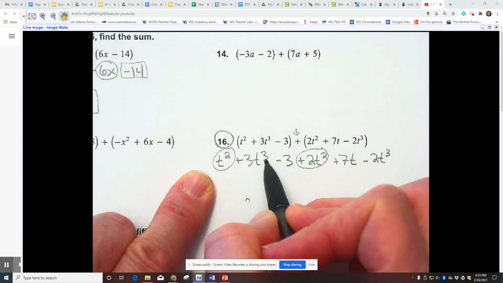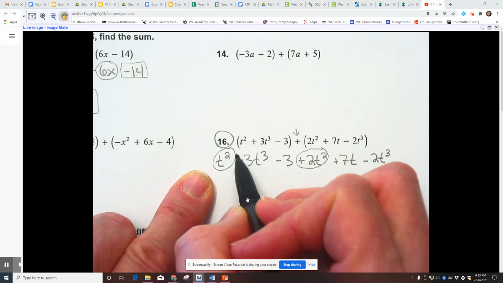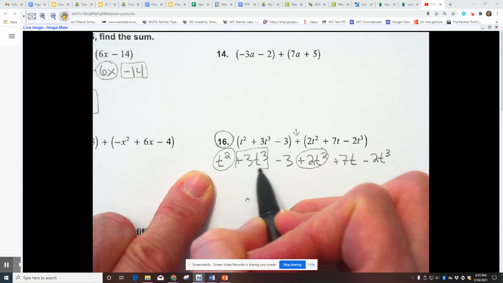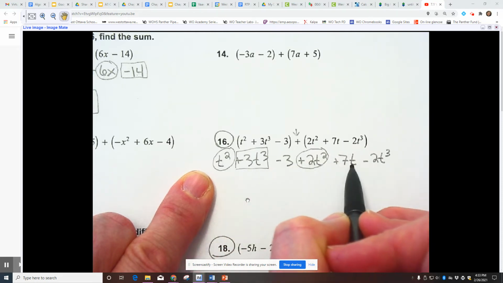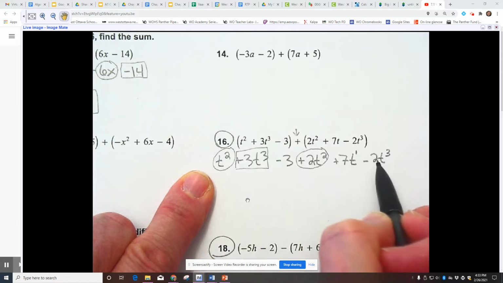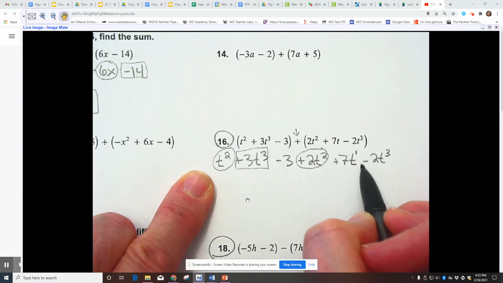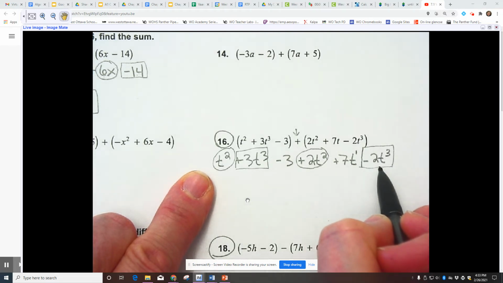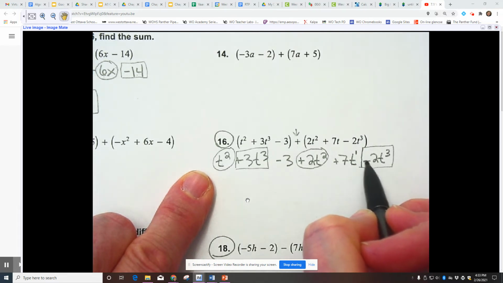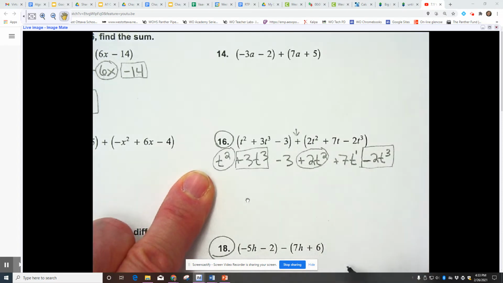Now let's see what other kind of terms I have. I have a t to the third power, so I'm going to give these guys a square. Do I have another t to the third power? This is a t to the first power. Here's a t to the third power. Notice when I identified that one with my square, I took that minus into the square.